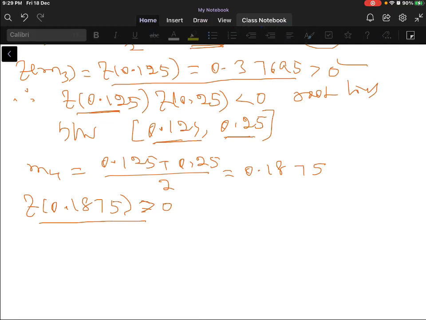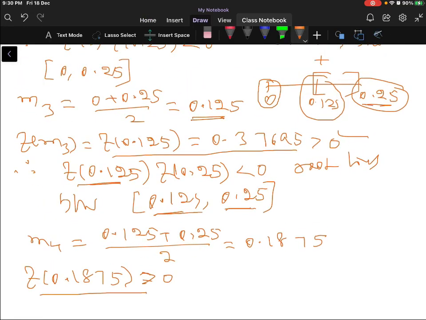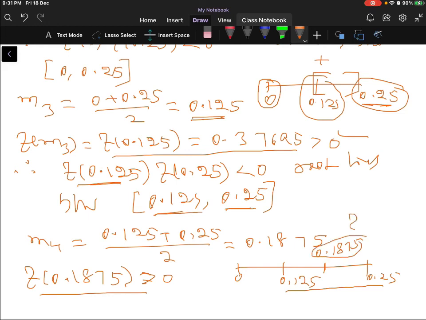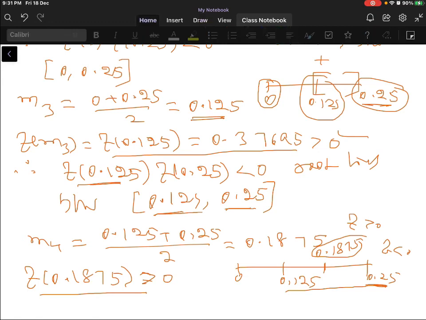You can observe that f(0.1875) is positive and f is negative at x = 0.25. When you bisect the interval 0.125 and 0.25, we get 0.1875. At x = 0.1875, f is positive. At x = 0.25, f is negative.